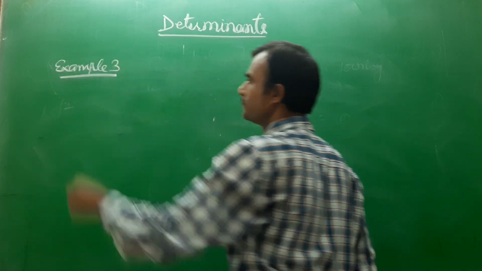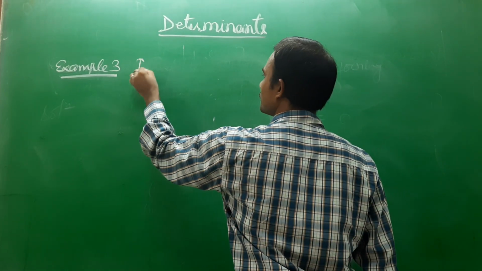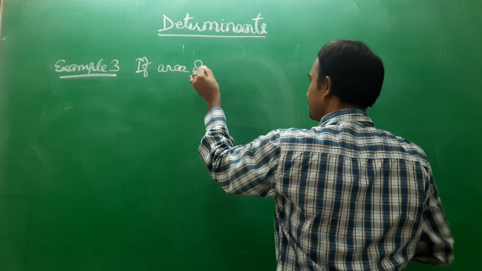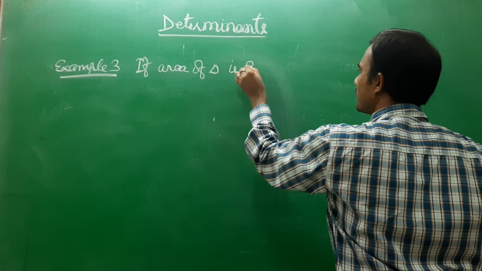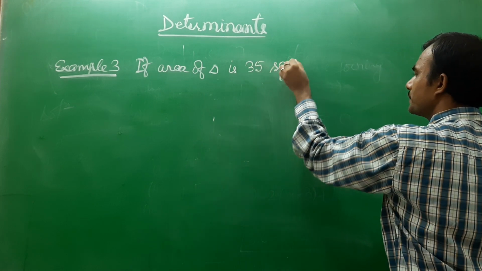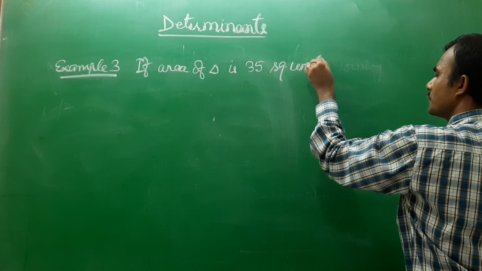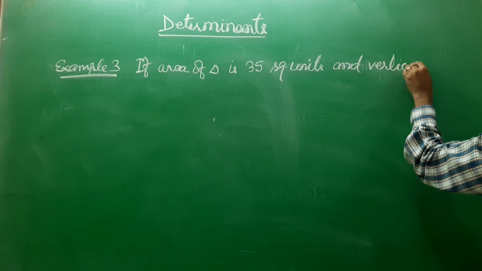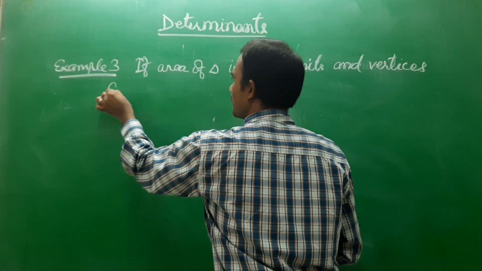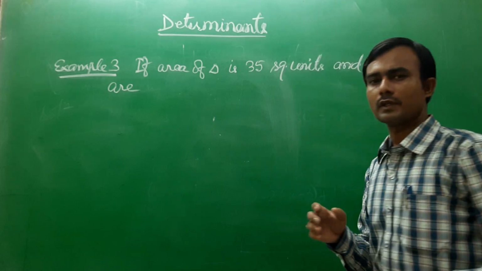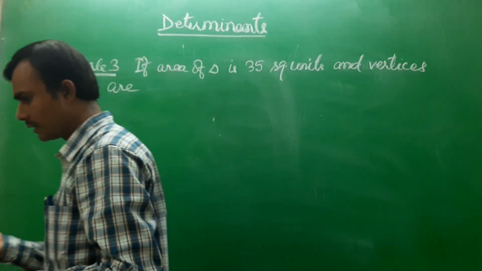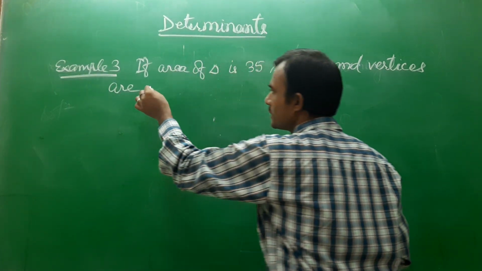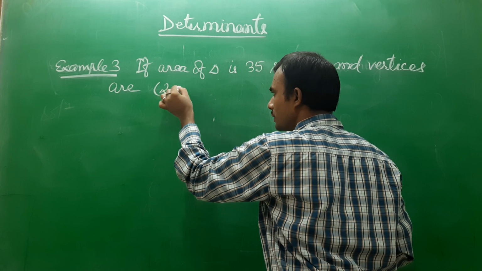Now third example: if the area of a triangle is 35 square units and the vertices are, how many vertices do we need? 3: A, B, C. 35 square units and the vertices are 2, 6.